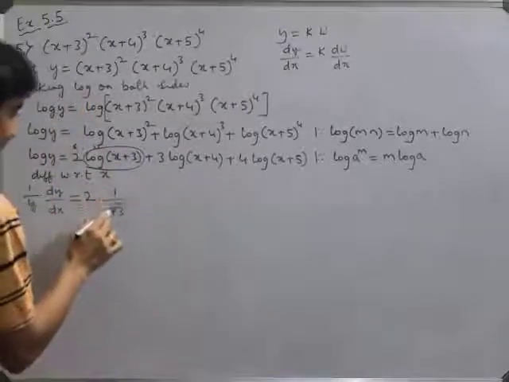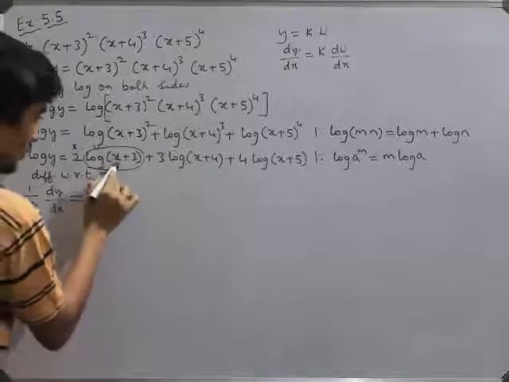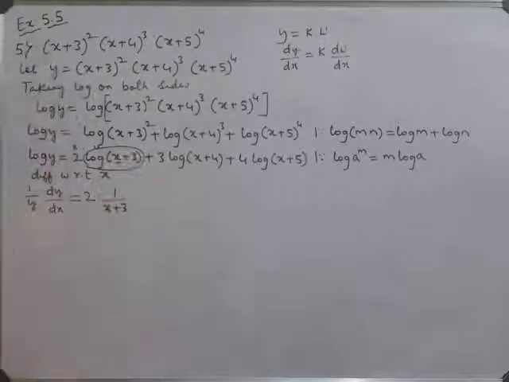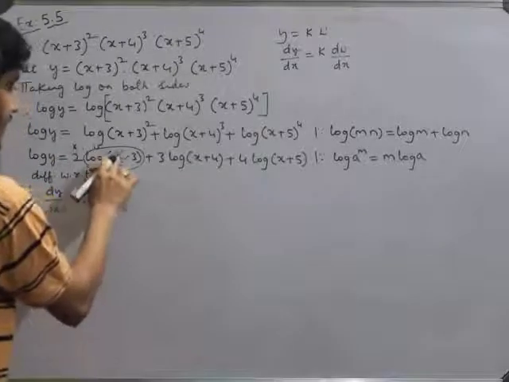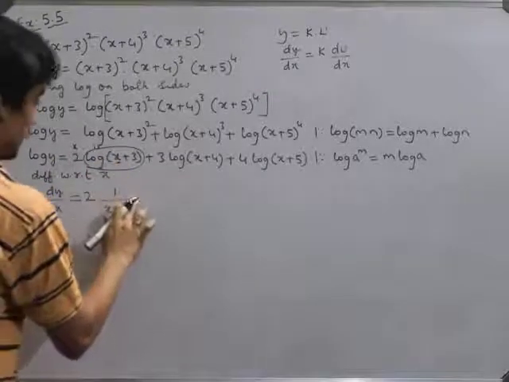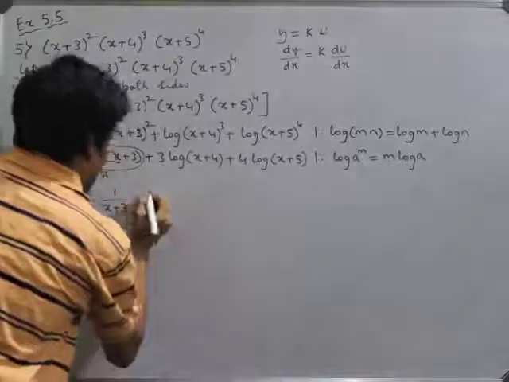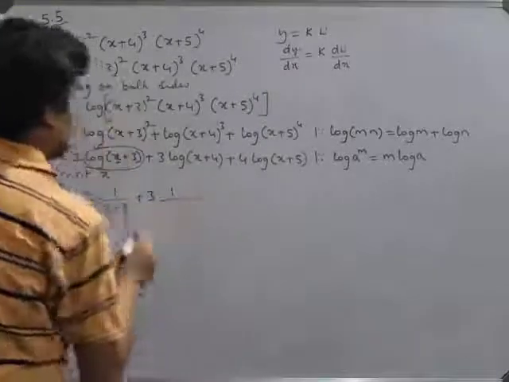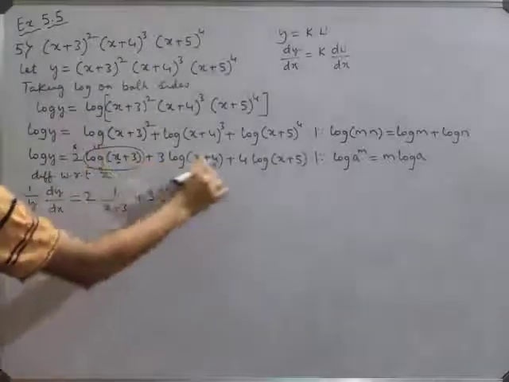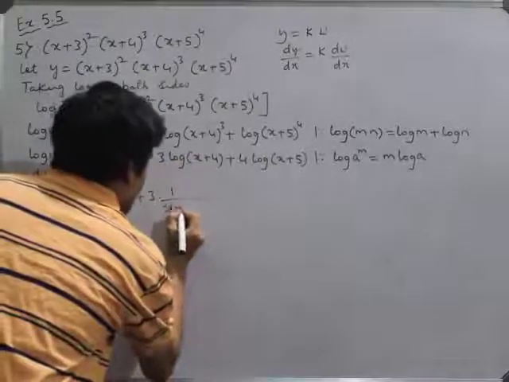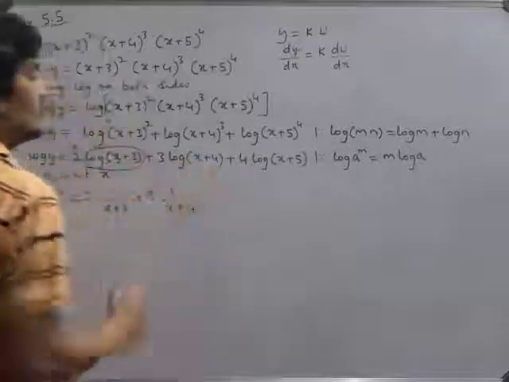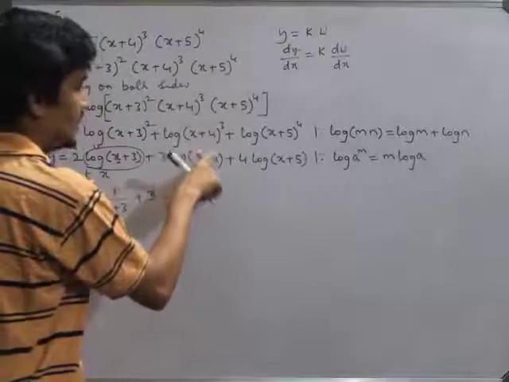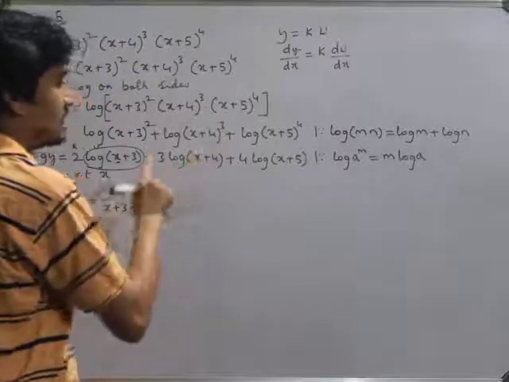So this will be 1 by x plus 3 into only this term. Differentiation of x is 1, so no need to write it. 1 by x plus 3 into 1 is 1 by x plus 3. Plus 3 into, the constant I have written as it is. This one will be 1 by x plus 4 into differentiation of x plus 4, which is 1: differentiation of x is 1 plus differentiation of 4 is 0, so 1 plus 0 is 1.